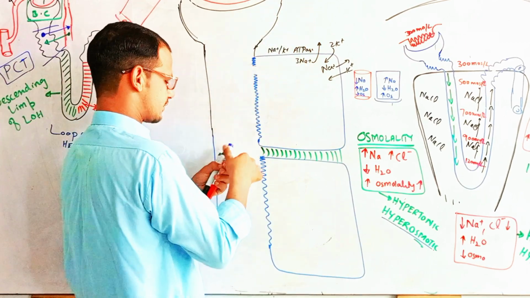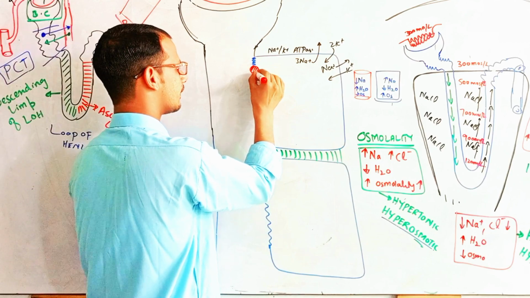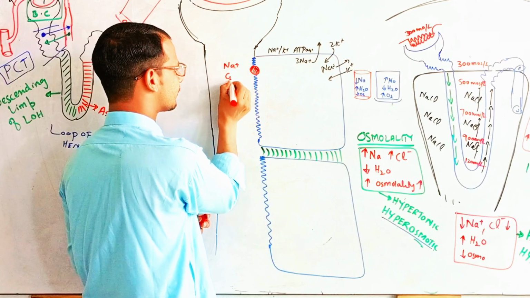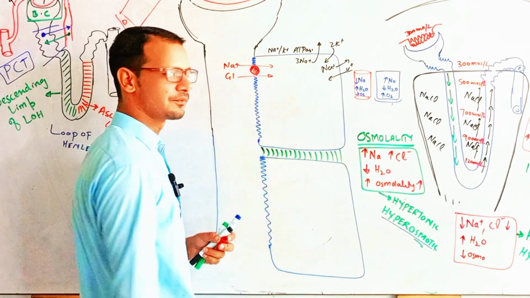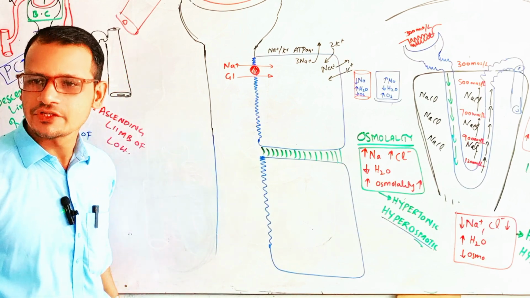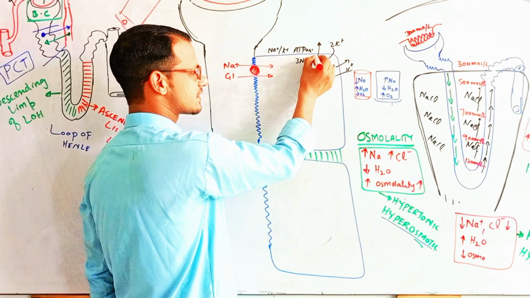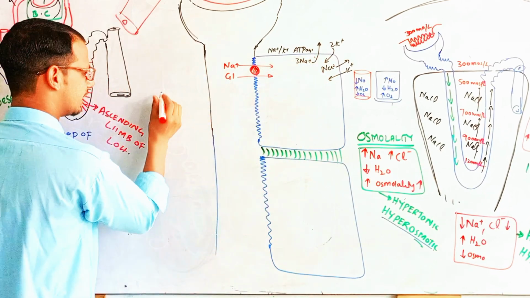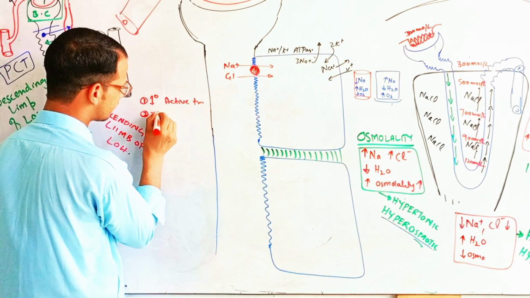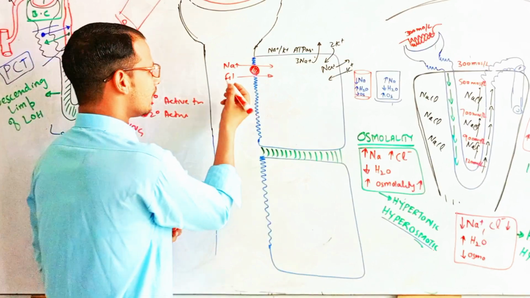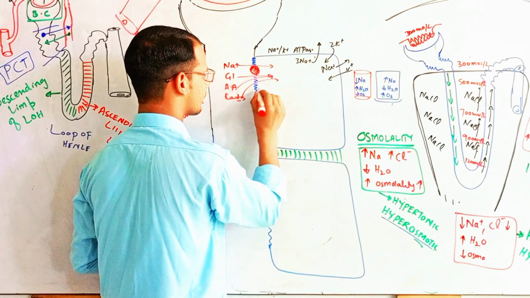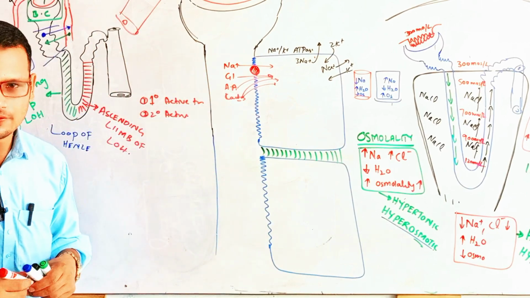And we have a special transporter here called the sodium glucose co-transporter, and it takes sodium as well as glucose into this cell, and this transport is called secondary active transport, and this is called primary. First is primary active transport, second is secondary active transport. Amino acids and lactic acid are also following the secondary active transport.